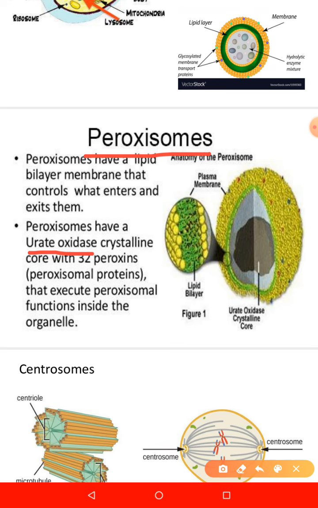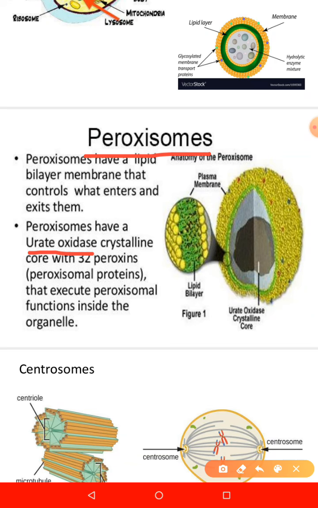They are also involved in the formation of myelin. Myelin, we know it's a covering found around the neurons. They are also involved in the formation of bile acids. Okay. So let's just know about those functions, peroxisomes. They are different from lysosomes.